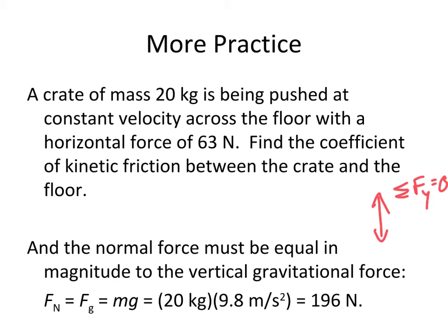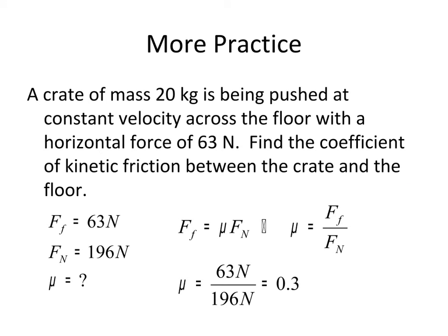And so the normal force has to be equal in magnitude to the force of gravity acting on the object. So now we can divide our frictional force by the normal force to get the coefficient of friction. So in this case we get 0.3, and once again you'll notice there are no units because coefficient of friction is a unitless ratio.